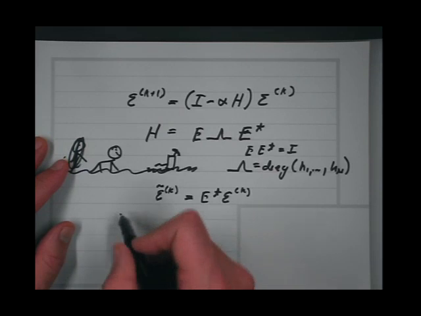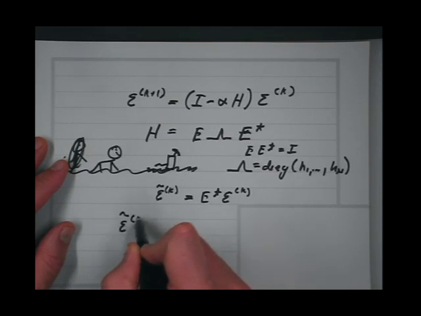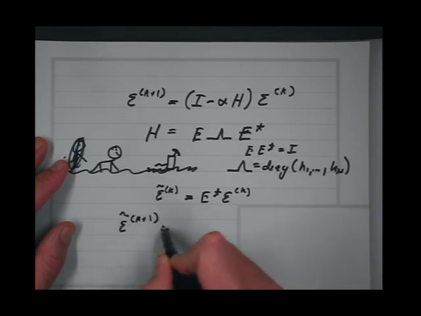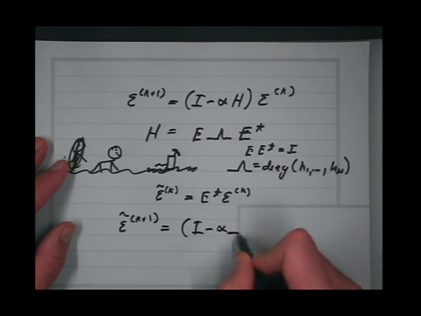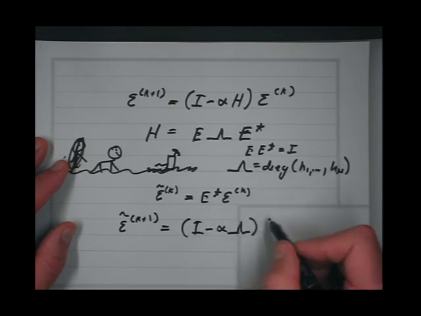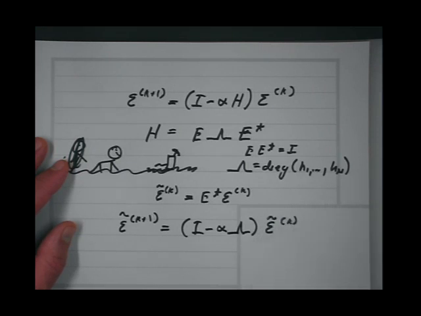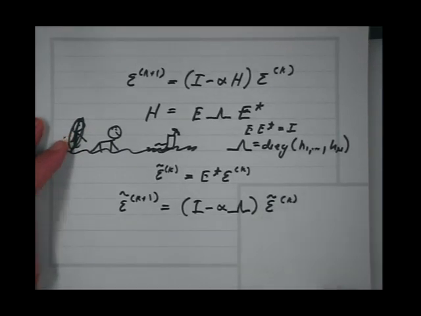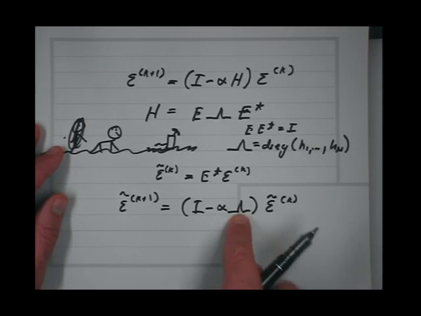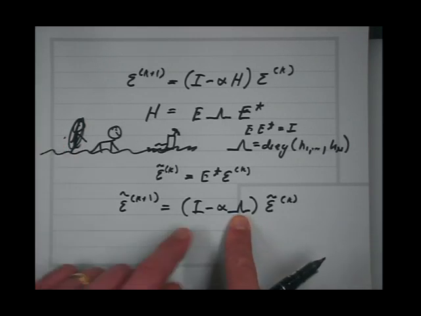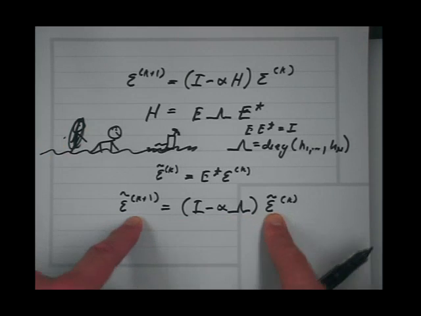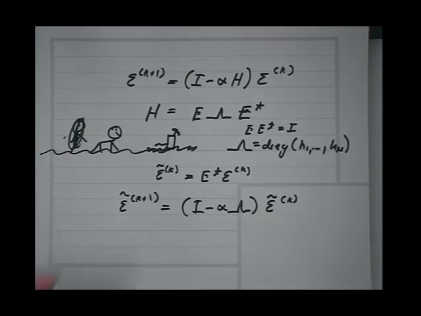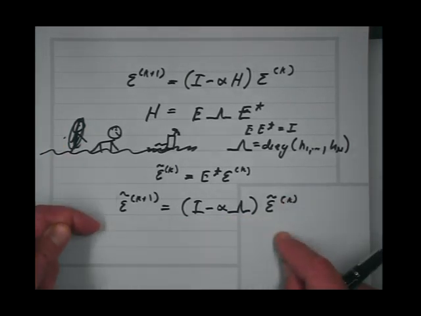If you just plug it into the equation, what you'll get is that E tilde of k plus 1 is equal to I minus alpha lambda times epsilon tilde k. So what's the big deal? The big deal is that now this is diagonal. The I is diagonal and the lambda is diagonal, so this set of equations is now decoupled. Each dimension evolves independently.